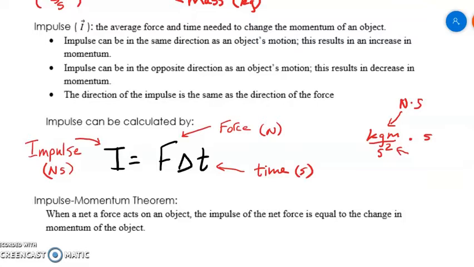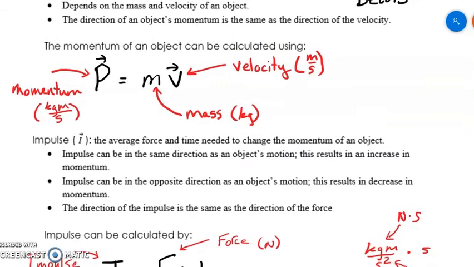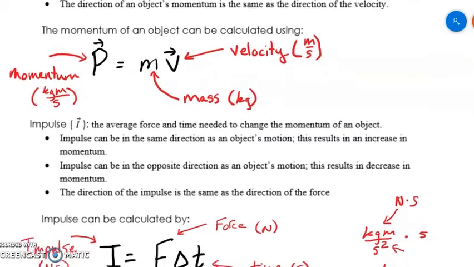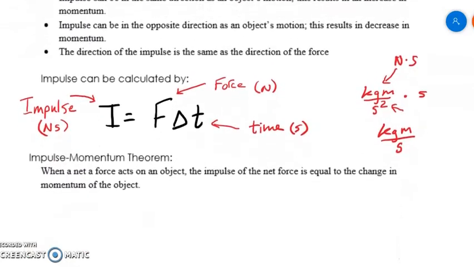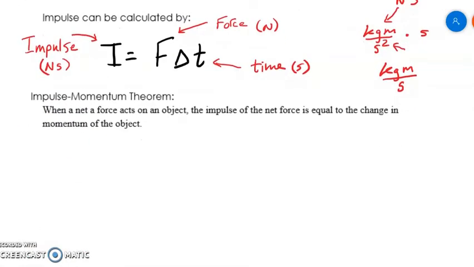So you end up with, instead, kilogram meters per second. That's familiar from somewhere. Oh yes, right here. Momentum is measured in kilogram meters per second. And so impulse is force times time, but it's also equal to the change in momentum of an object. That's why its units are the same as momentum, because when you're calculating change in momentum, you should get the units of momentum on the other side.